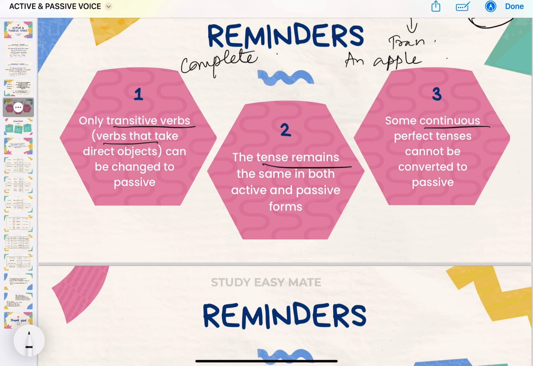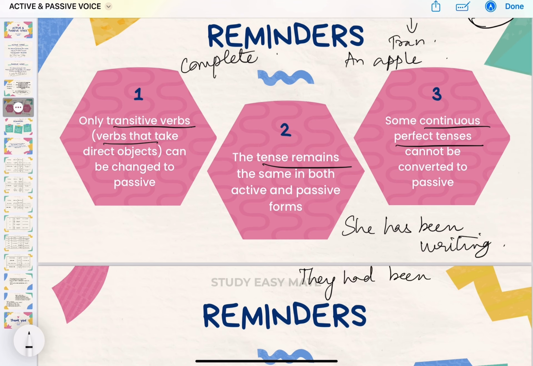Next, continuous perfect tenses cannot be converted into passive. What is a continuous perfect tense? Something has been started in the past, it has continued for some time, and it's still happening. For example, she has been writing, they had been playing.